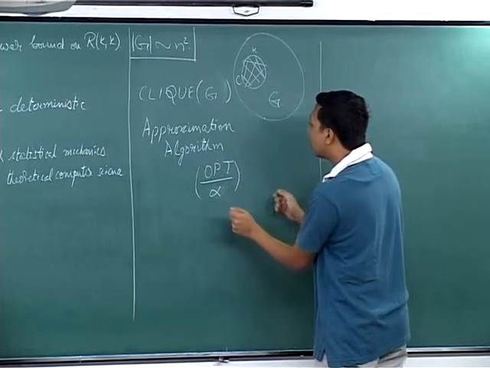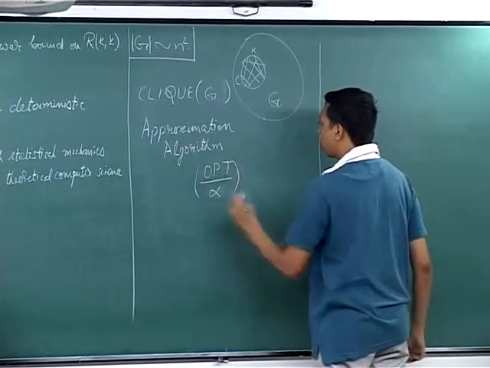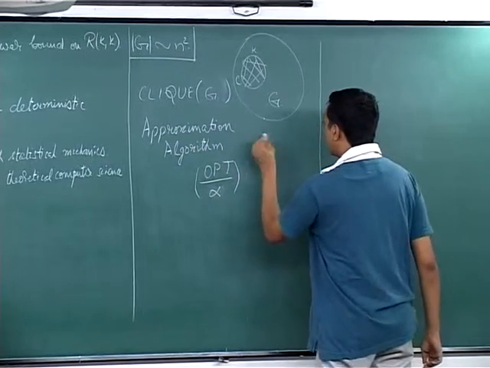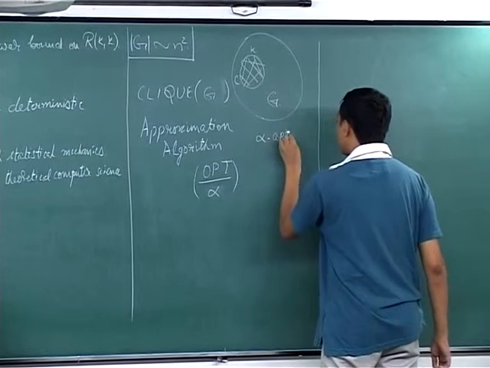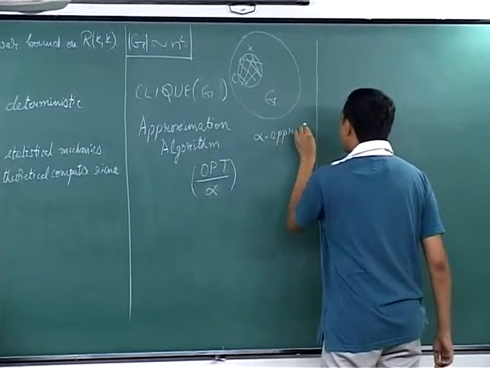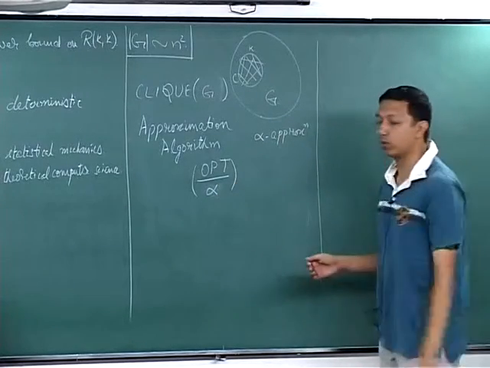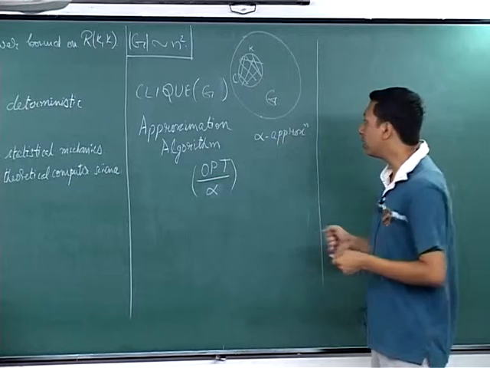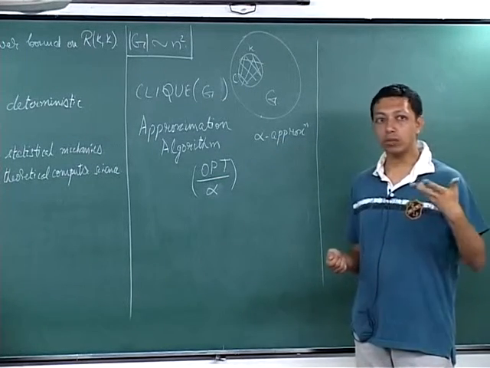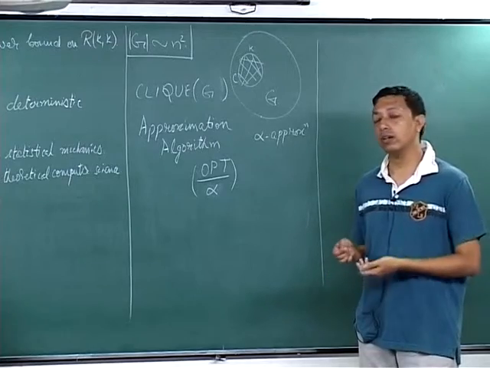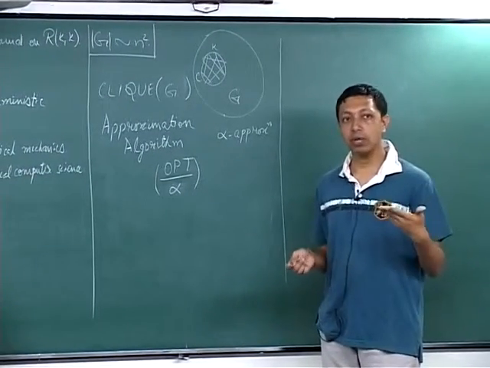Such an algorithm would be an approximation algorithm, which would give an alpha factor approximation for maximization. For minimization, you multiply by alpha. So alpha is always greater than 1. If you are looking for some kind of minimum, then you say that the size is at most alpha times the minimum.